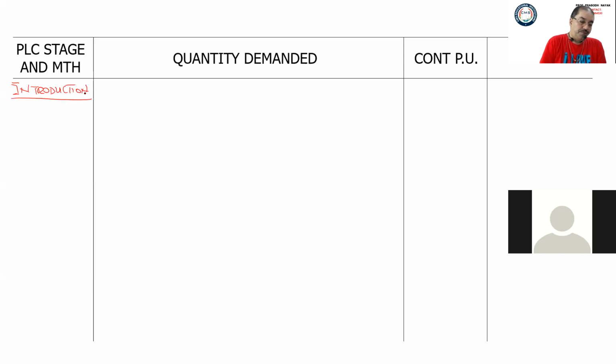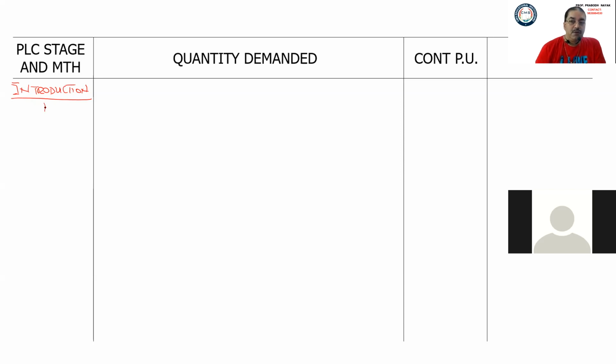Introduction stage. Or even if you write only introduction, it is okay. Because introduction stage will be there, growth stage will be there. Okay? Introduction stage. Month number 1.